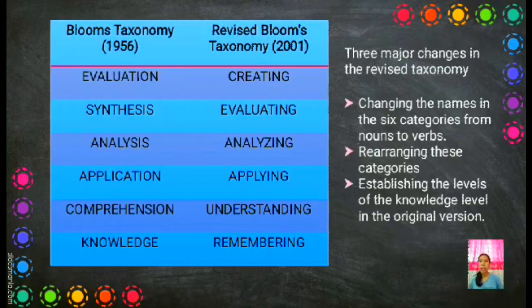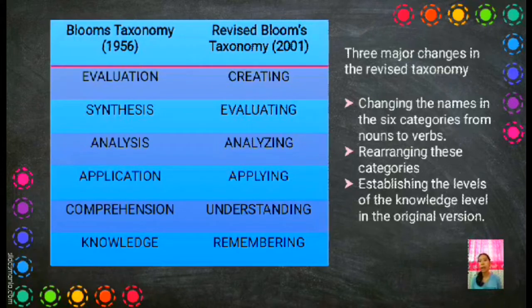The next change is rearranging these categories. Na-rearrange ang categories in the revised Bloom's taxonomy. For example, evaluation is at the top, then in the revised one it is second in line. Next is establishing the levels of knowledge from the original version.